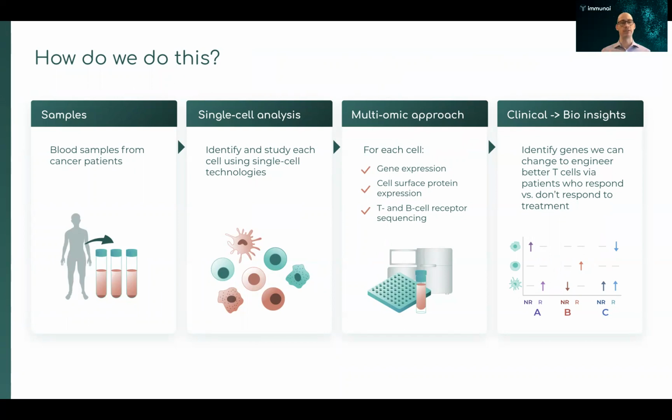These are receptors on the surface of the T cell and B cell that help recognize foreign invaders. And we take these insights at the clinical level, for example, looking at what attributes of patients who respond versus don't respond, and we use it to guide how we want to genetically engineer better T cells.